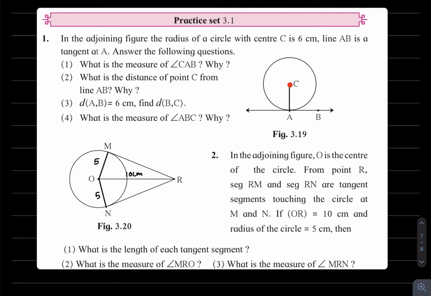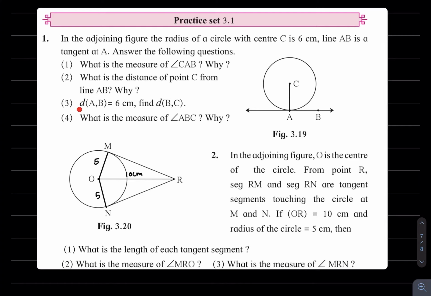The distance of point C from line AB will always be the perpendicular distance, and all of us know that this angle is perpendicular, so we can say that the distance between line AB and C is the same as the radius of the circle, CA, which is given as 6 cm. So here is the answer of the second.